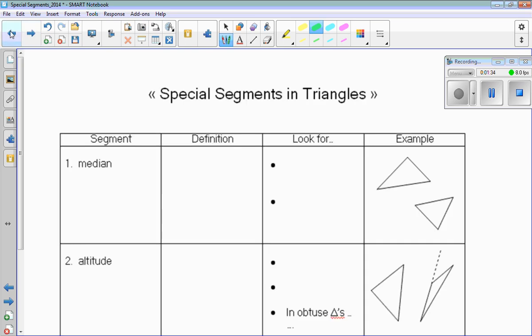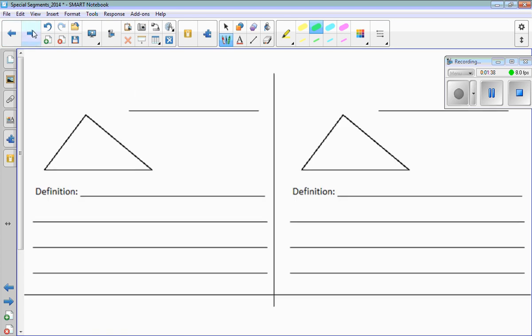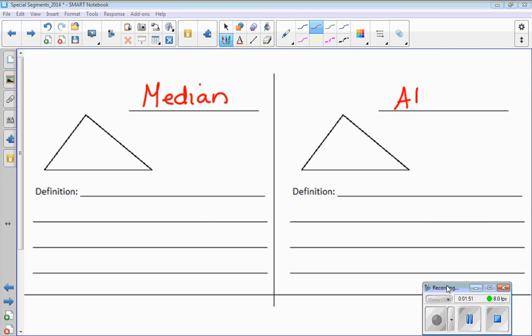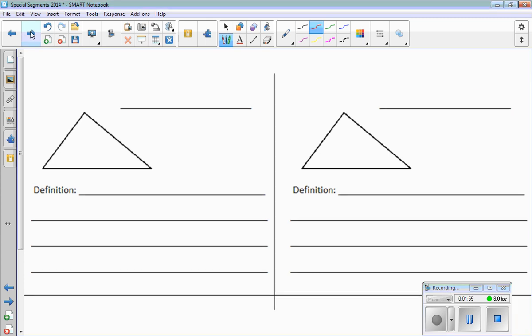You're going to write median up here in the blank next to the triangle. So right here, you're going to write the word median. Okay, so you can fill that in there. And then after that comes altitude. So I want you to fill in that one too. Altitude. And then what comes next on your paper? A perpendicular bisector.